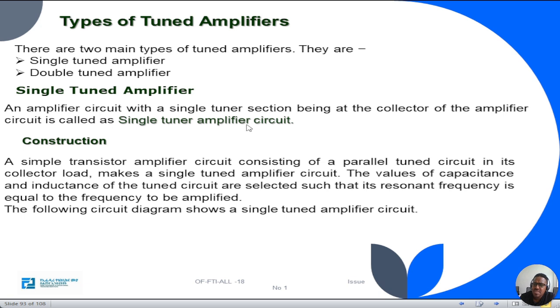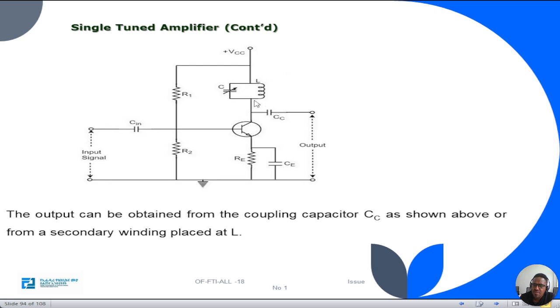In the construction of a single tuned circuit, a simple transistor amplifier circuit with a parallel tuned circuit as its collector load makes a single tuned amplifier circuit. The values of capacitance and inductance of the tuned circuit are selected such that its resonant frequency is equal to the frequency to be amplified. The following circuit diagram shows a single tuned amplifier.